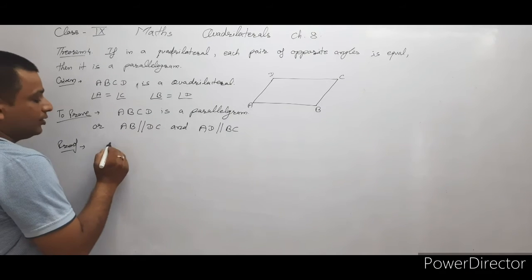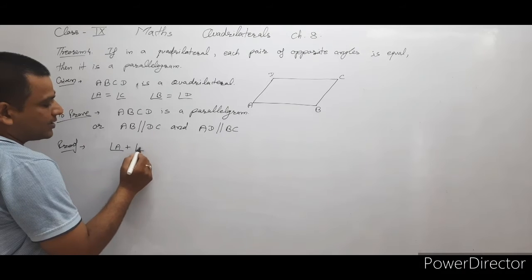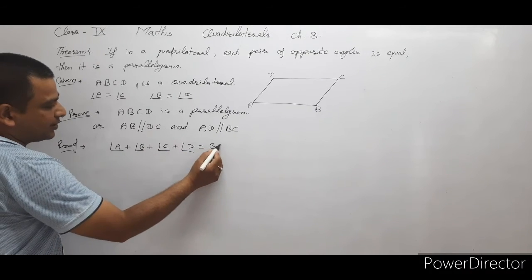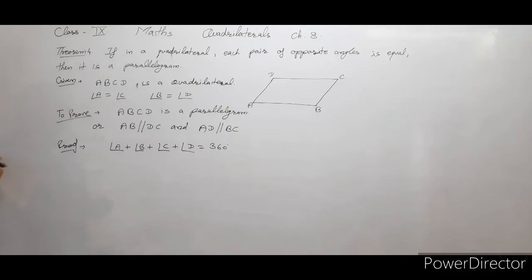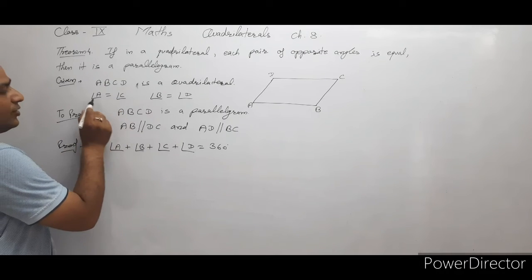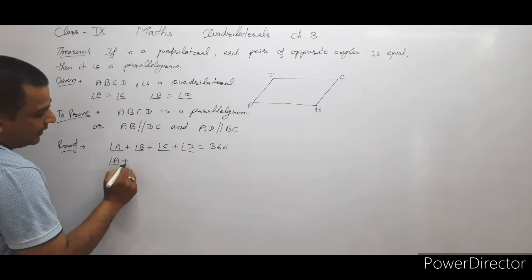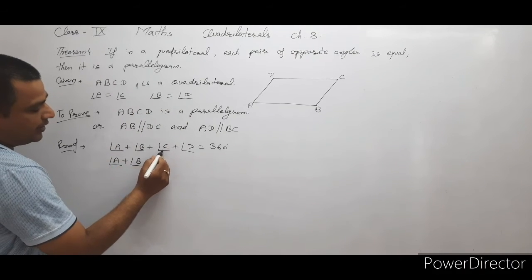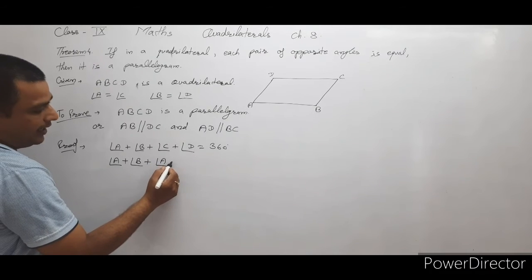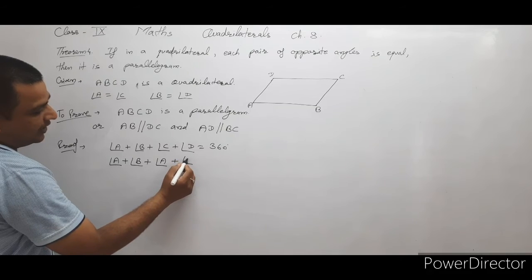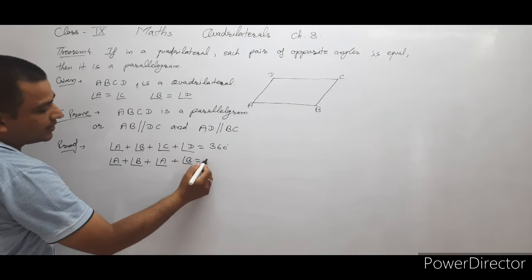As we know that angle A plus angle B plus angle C plus angle D is equal to 360. The sum of the interior angles of a quadrilateral is always equal to 360. But angle C is equal to angle A, angle D is equal to angle B, because it's given.